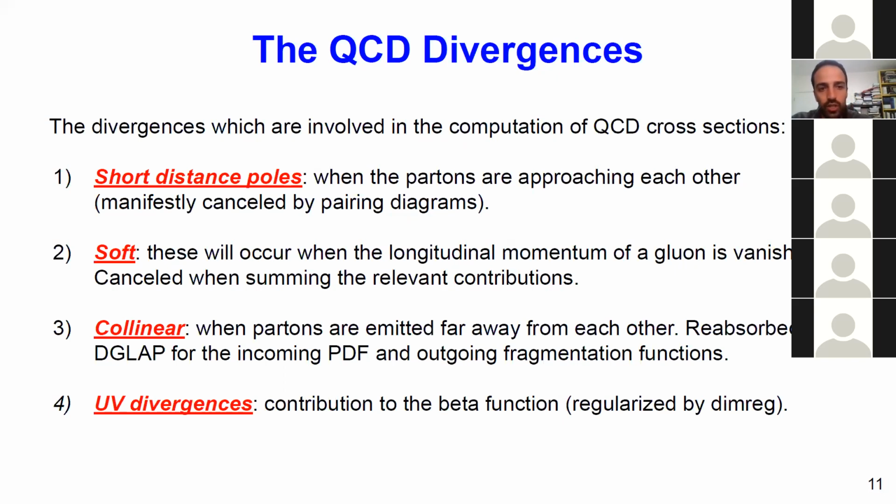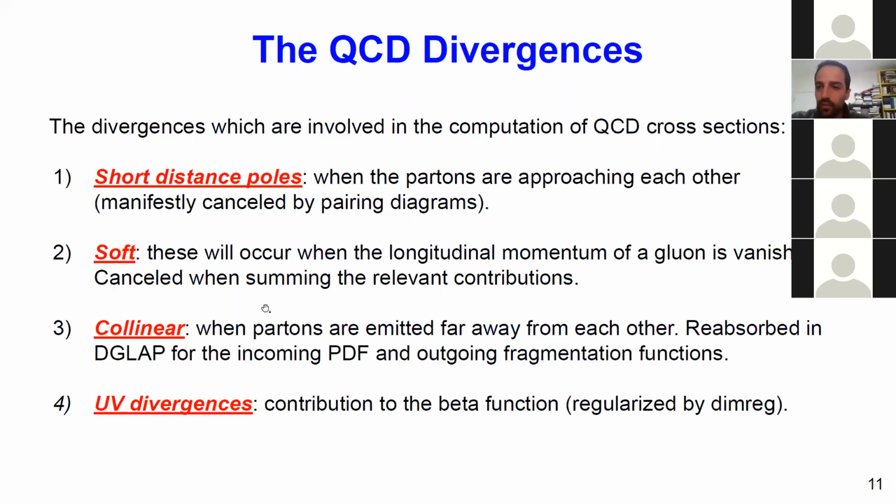The first one is the short distance poles, which occur when two partons approach the location of each other. Another is the soft divergence, which occurs when one parton is soft, which means the longitudinal momentum k plus is going to 0.